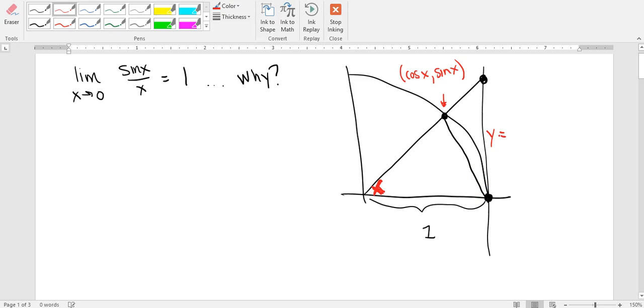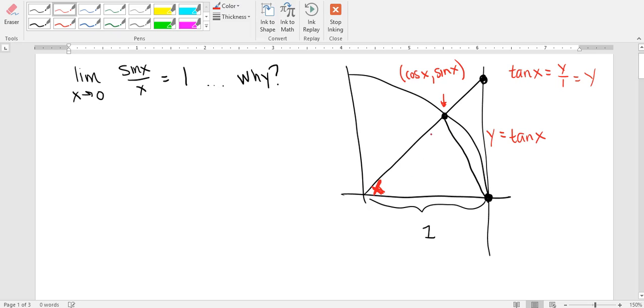We could use some trig functions to help us figure out a value for y, or maybe not a specific value, but a different label for y. In relation to this angle x that we're focusing on, y is the opposite side, and 1 right here is the adjacent. So we could use the trig function: tangent of x is y over 1, which is just y. So instead of labeling this as y, we could label this as tangent of x.